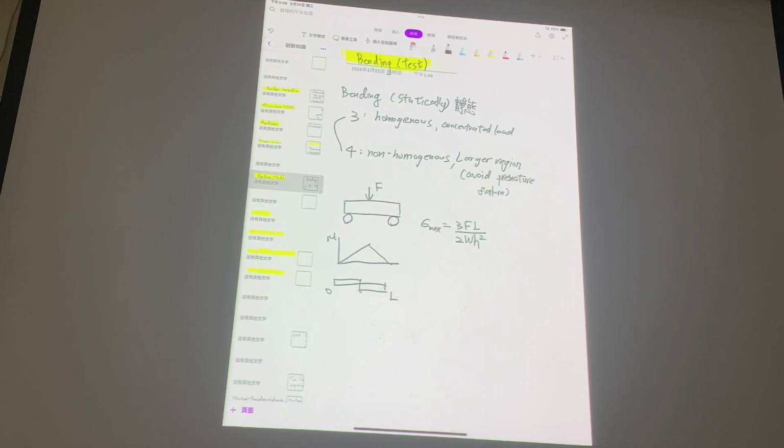H is the height. This is L. So if it's half, meaning that's half of L.